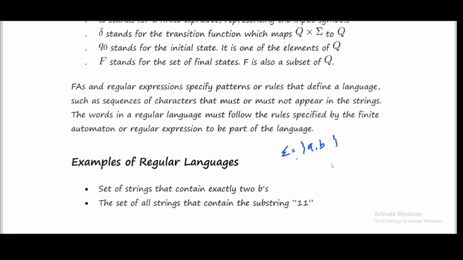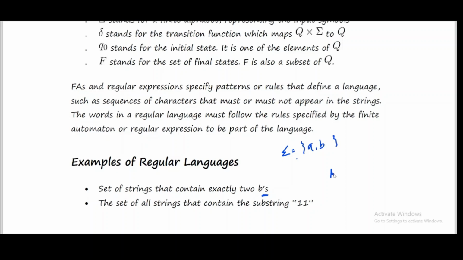So we can make strings of a and b, but the restriction here is that it should contain exactly two b's. That means b should be only two, and a can be any number of a's. It can also be no a.